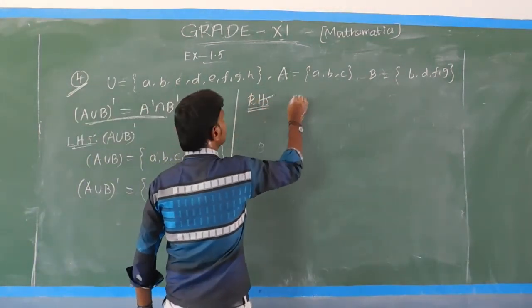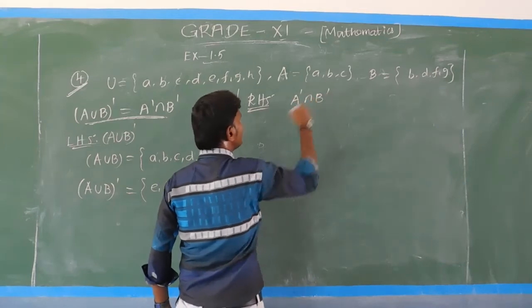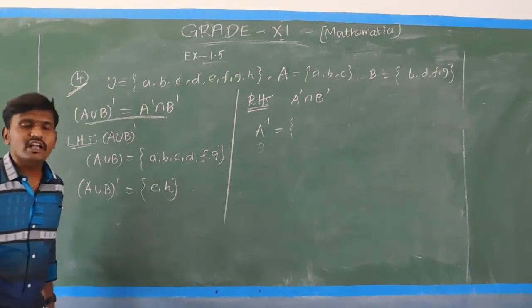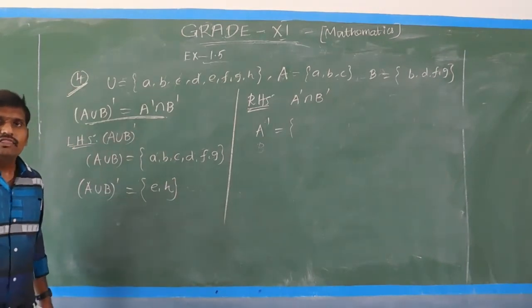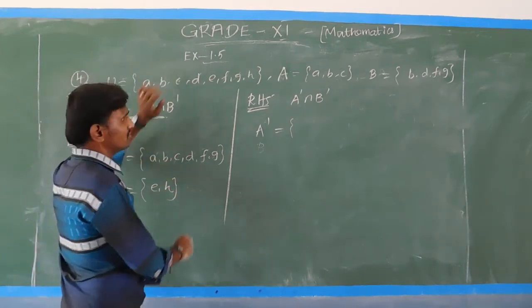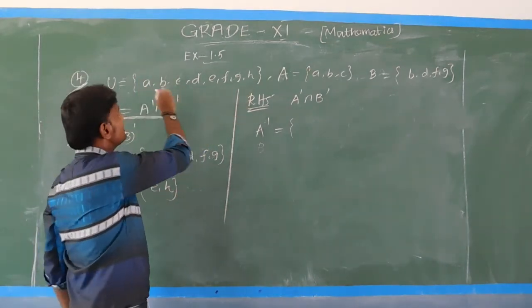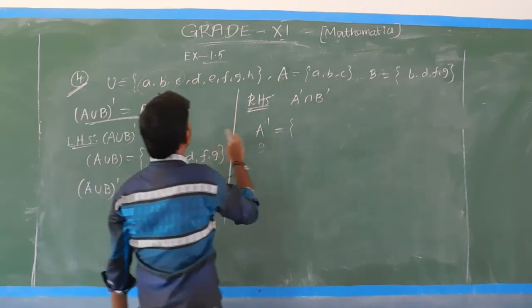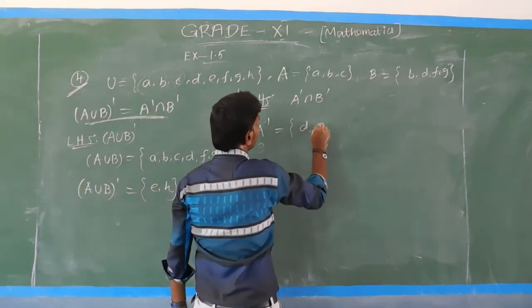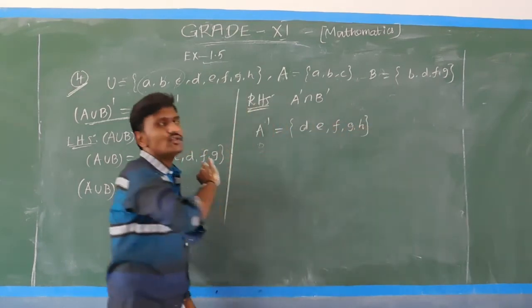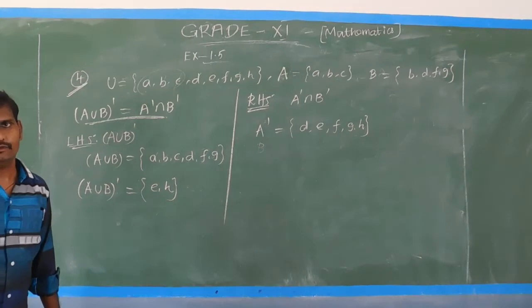Now coming to the right hand side, that will come A' intersection B'. So first I am going to find A'. So for A', we take the elements of the universal set that are not elements of A. Okay. So eliminate A, B, C because the elements of A are A, B, C. I am eliminating these three only, and the remaining are D, E, F, G, H. So these are the elements of A'. Okay.